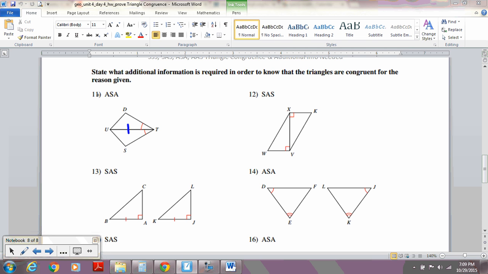So if it's going to be angle, side, angle, the congruent side has to be between the two congruent angles. So that means this angle would need to be congruent with this angle. So we would need to know that angle U is congruent to angle U, if we're going to prove it by angle, side, angle.